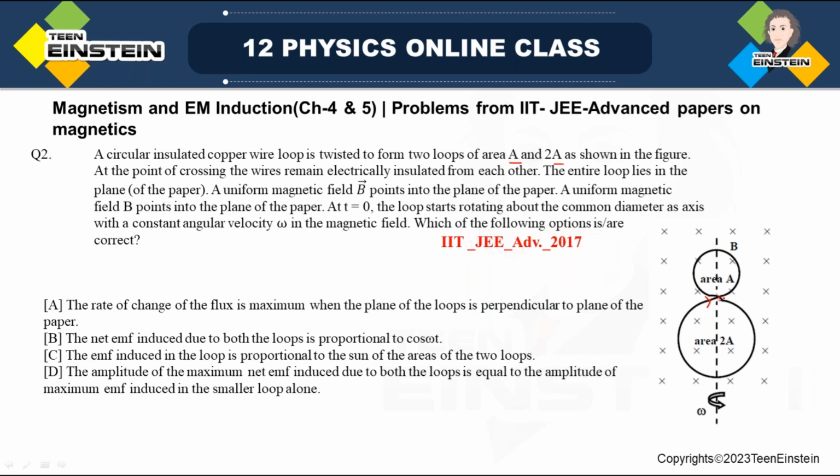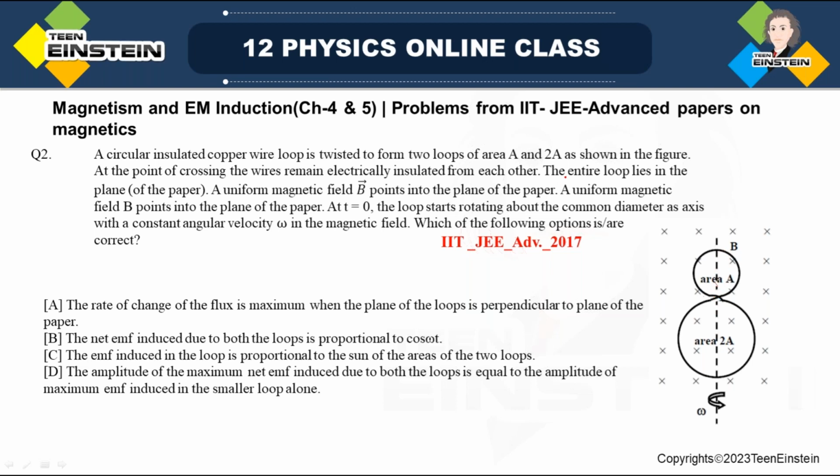Somehow they will cancel each other, such that the two loops remain insulated from each other. They will neither attract nor repel each other.